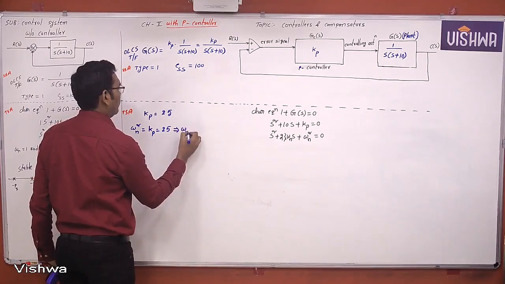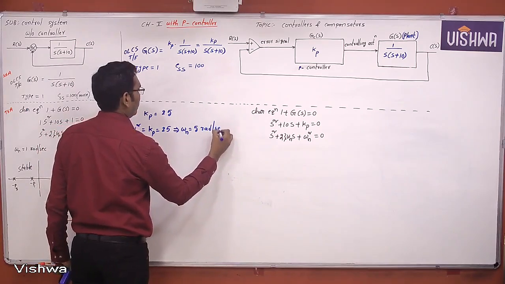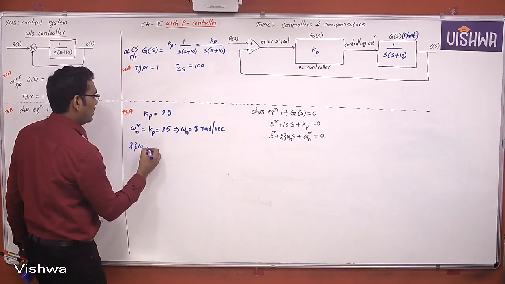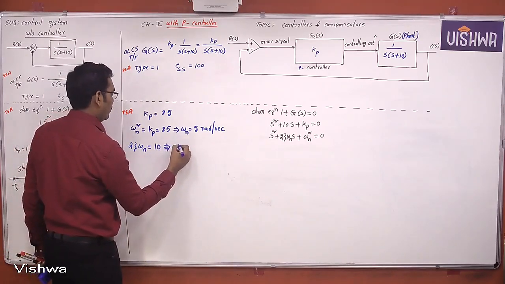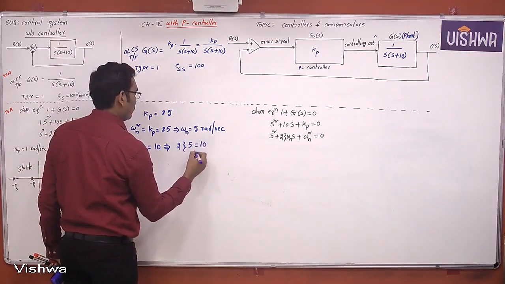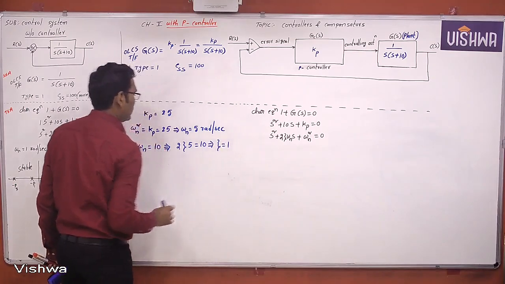Therefore omega n is equal to 5 radians per second. Now 2 zeta omega n is equal to 10. Therefore 2 zeta times 5 is equal to 10, so zeta equal to 10 by 10, which is equal to 1.